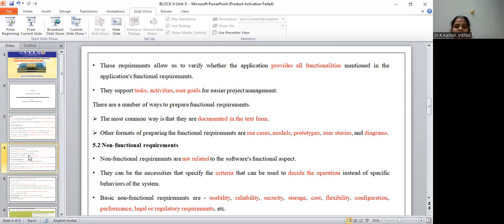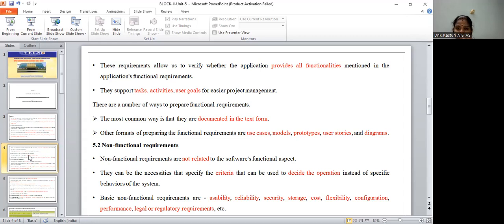What are the ways to prepare functional requirements? There are two ways. One is that we can document in the text format. It's a common way. And the other one is preparing the functional requirements in the form of use cases, models, prototypes, user stories, and diagrams.